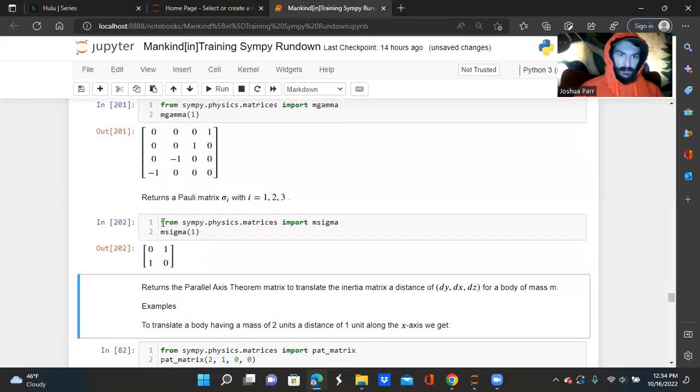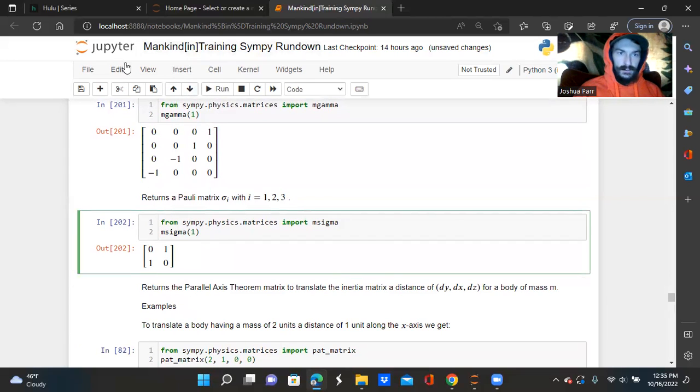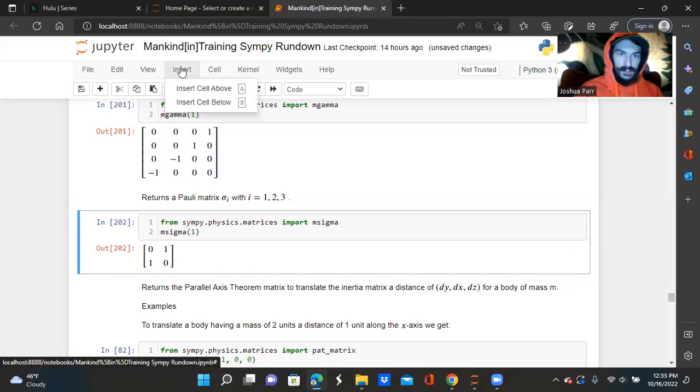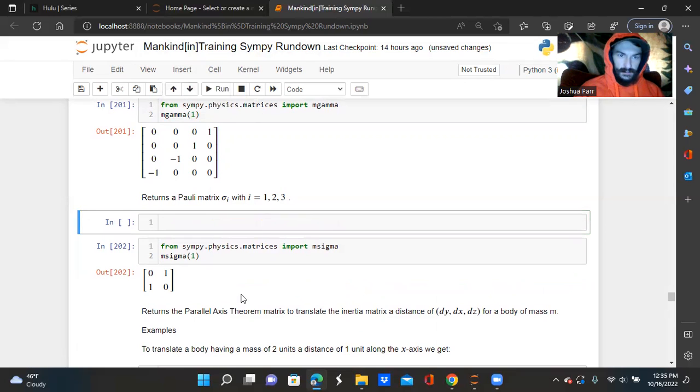Here we are. So real quickly, I'm going to show, insert cell above. Quickly-ish, I'm going to go to Markdown. I just made this a Markdown cell, and I'm going to show you how I wrote this right here. You can write whatever you want here.